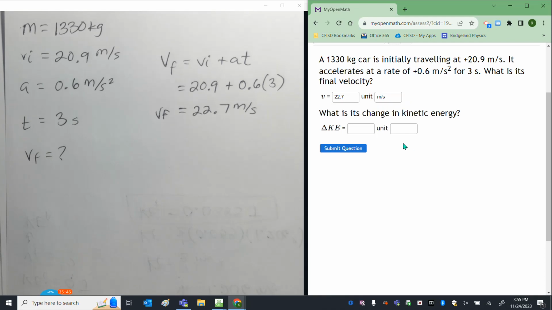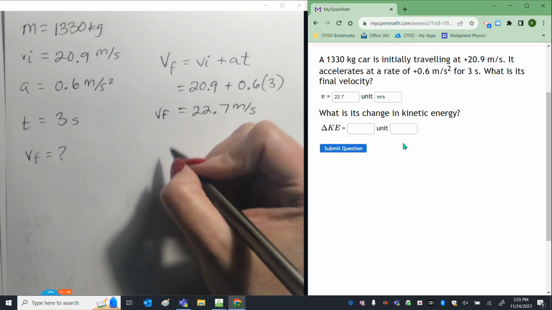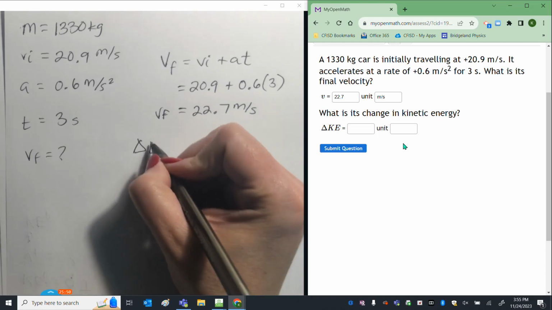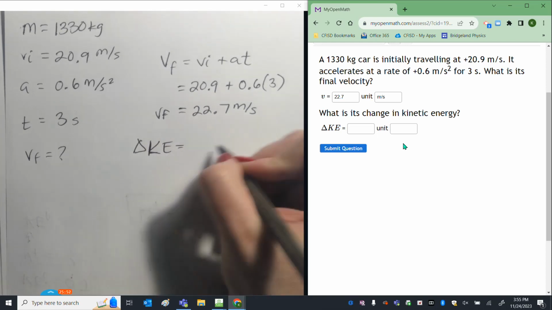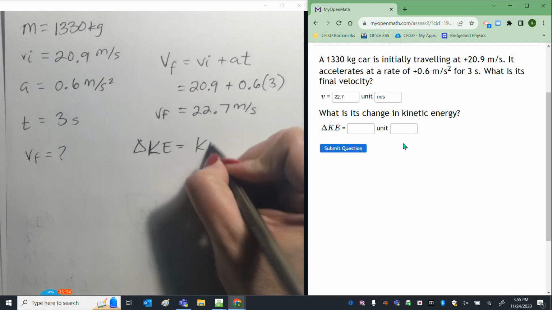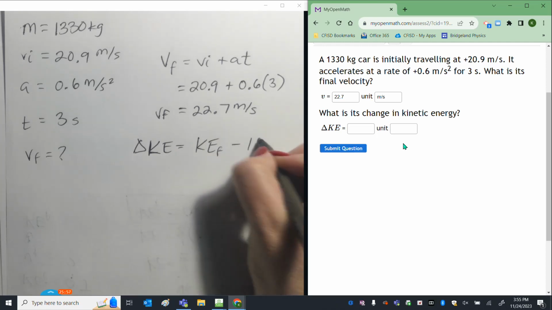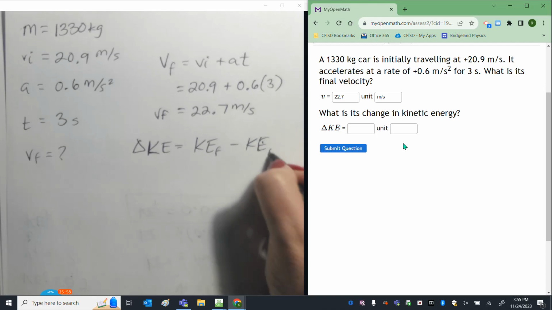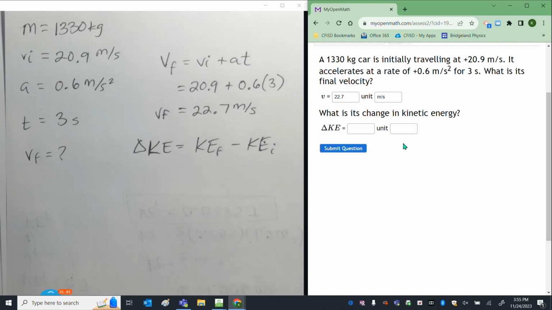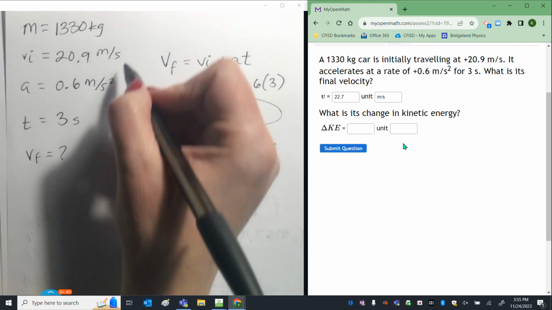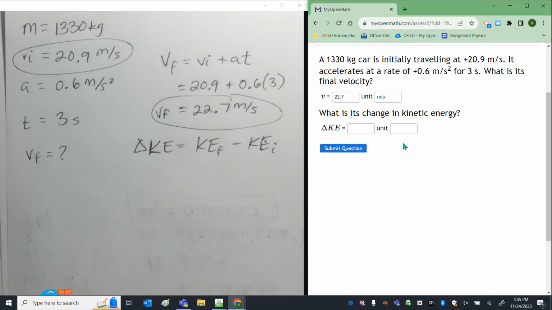And then it wants to know what is the change in kinetic energy. So again, change in kinetic energy, change in anything is final minus initial. So change in kinetic energy is final kinetic energy minus initial kinetic energy. So we just need to figure out what our final and initial kinetic energies are. We do have a final and initial velocity, and we have a mass, so we can do that.